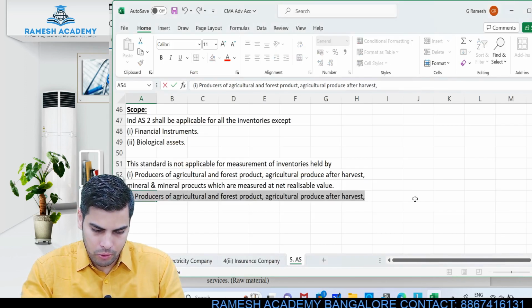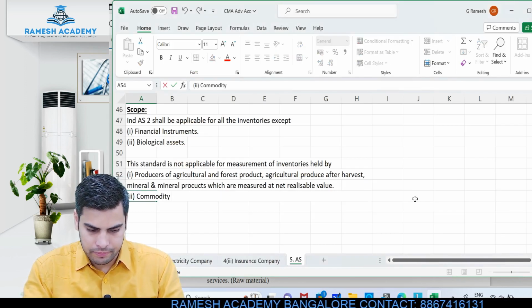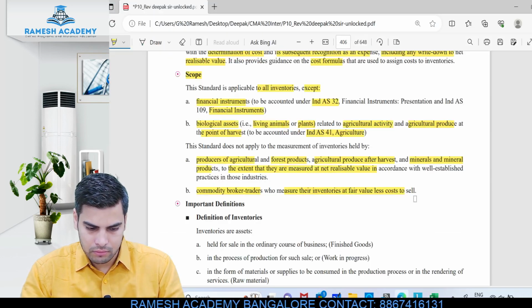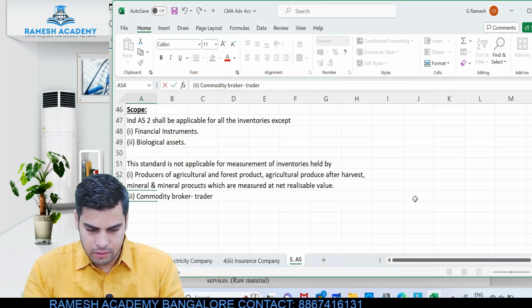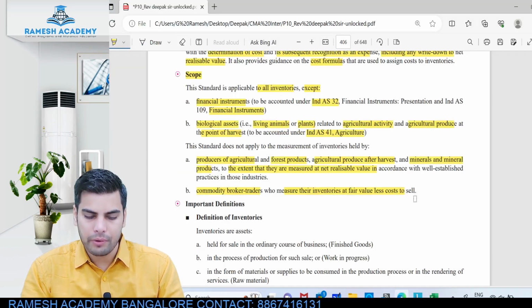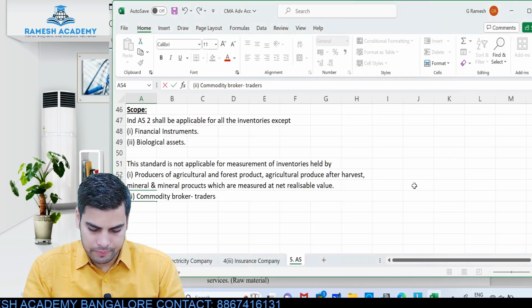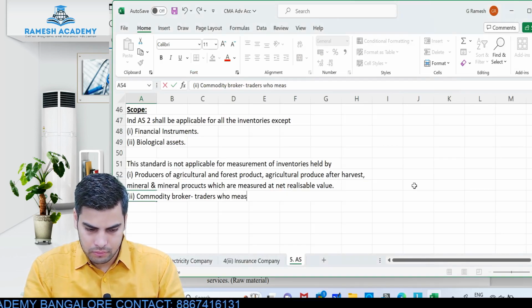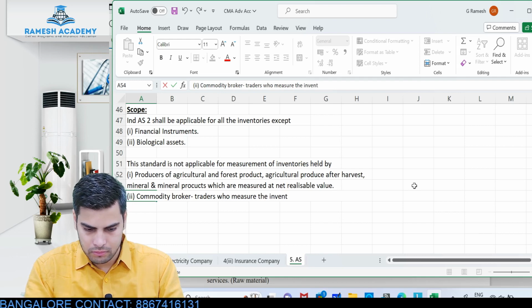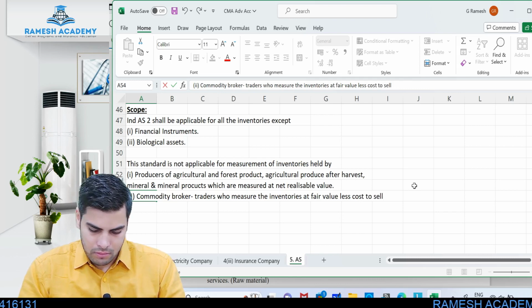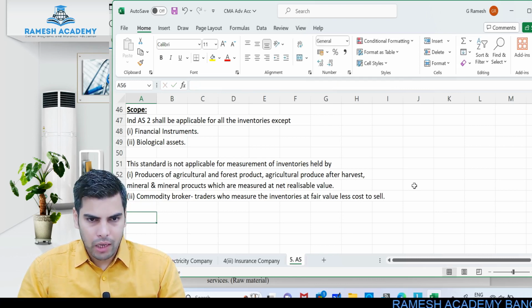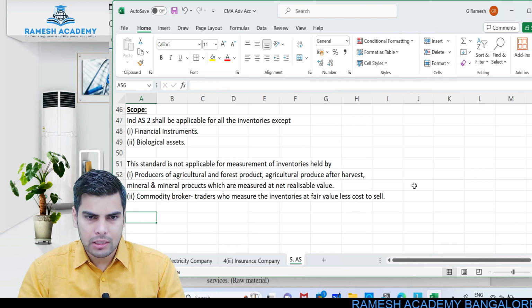So commodity broker traders measure their inventory at fair value less cost to sell. We'll be learning what exactly fair value, fair market value, net realizable value and cost are.